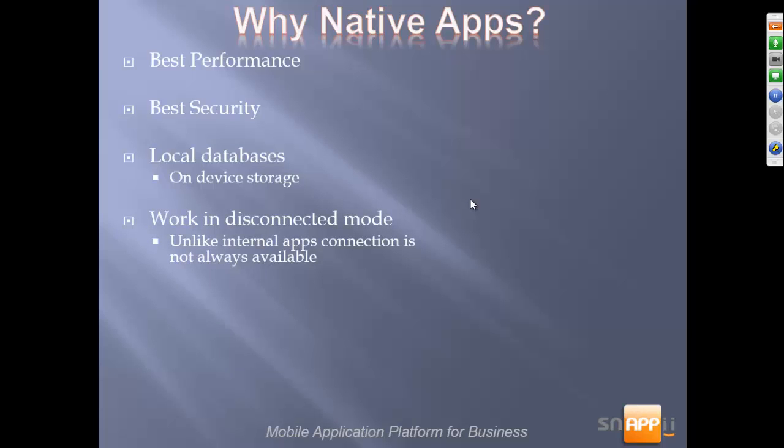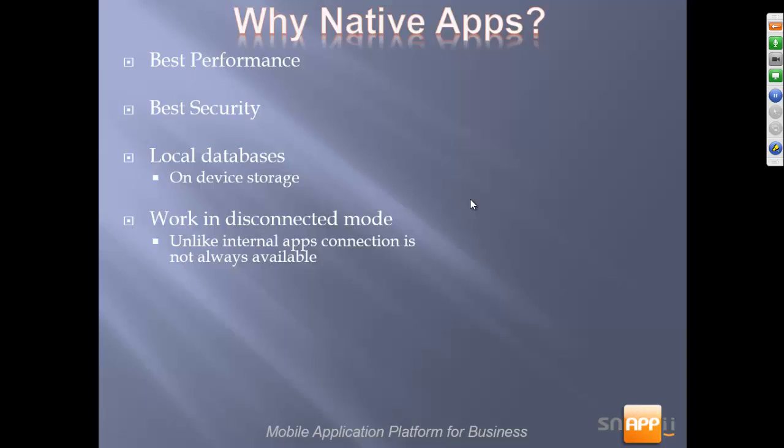And same with disconnected mode, right? By the way, this is one of those issues where people have gotten so used to building apps that rely on the fact that a network connection is always there that they don't always think it through. But then a customer reports that they couldn't use an app in a particular location.